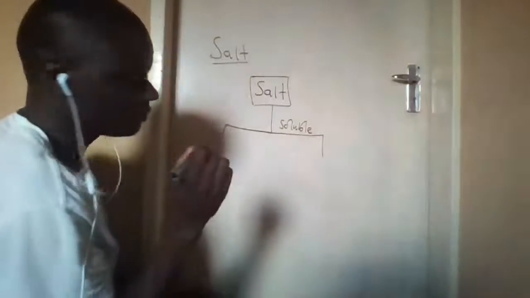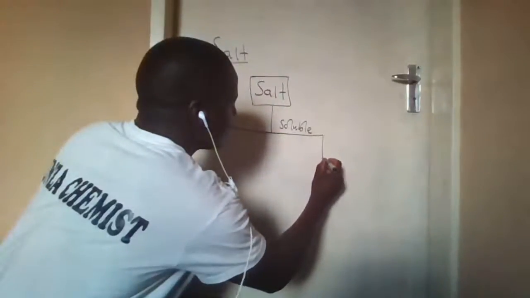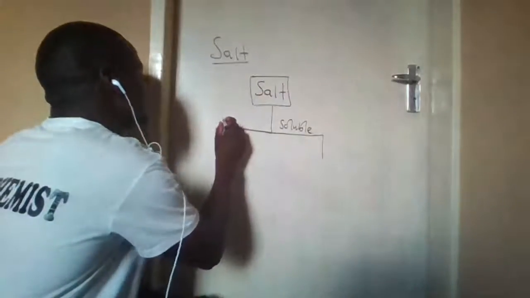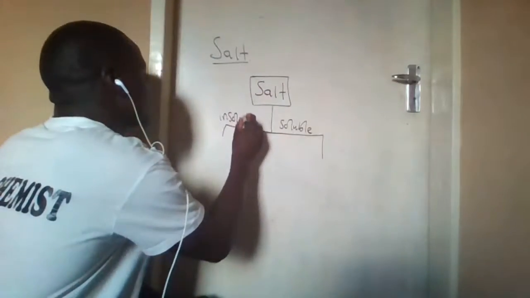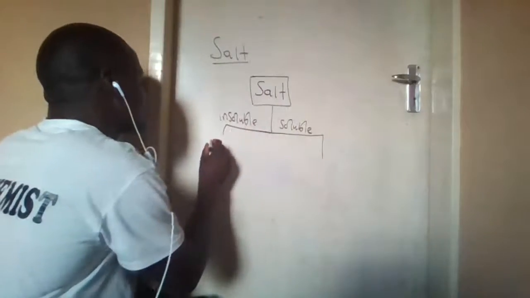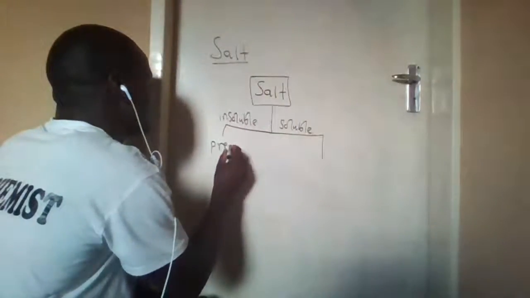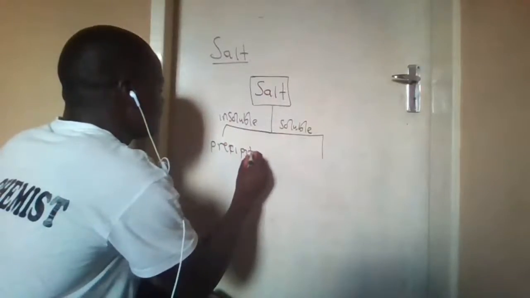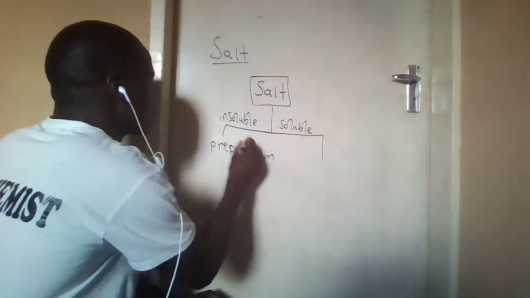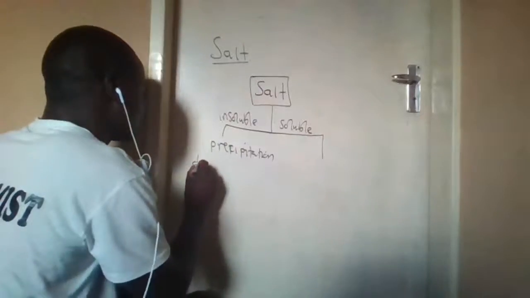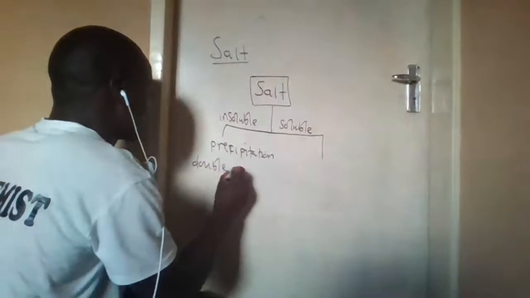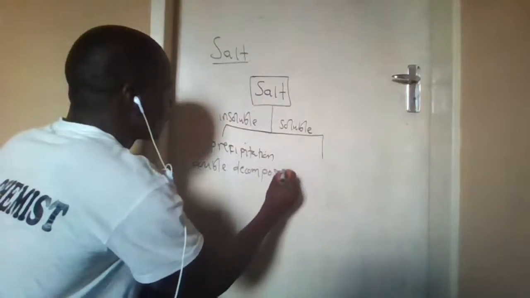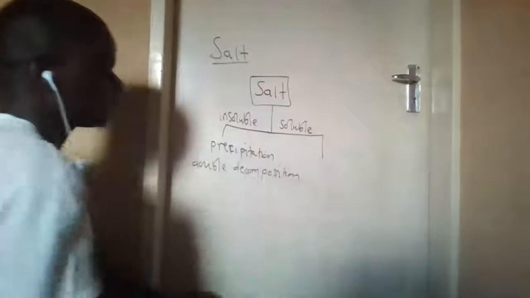If you are soluble, then you can use a certain method to prepare. And if the salt is insoluble, the method we're going to use is precipitation or double decomposition.